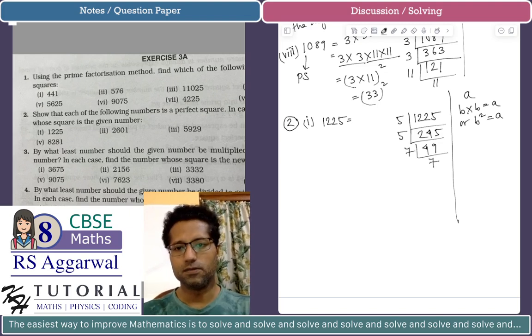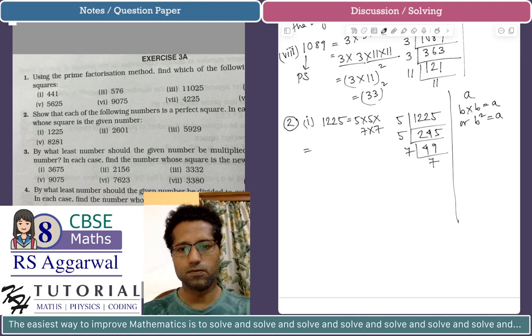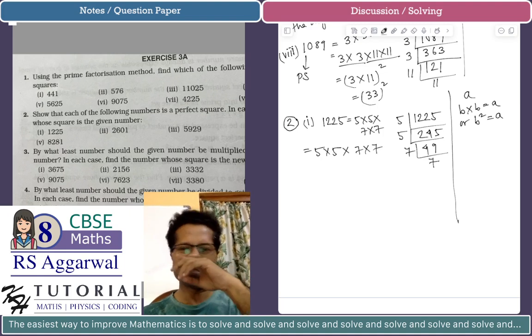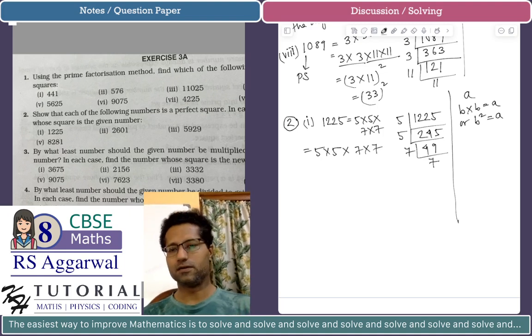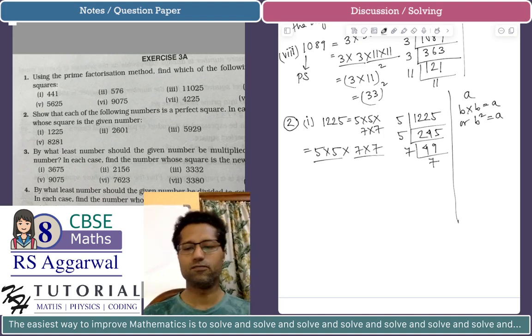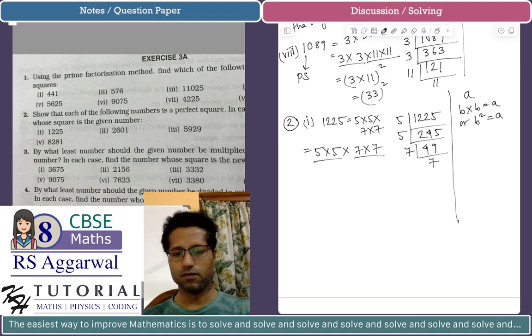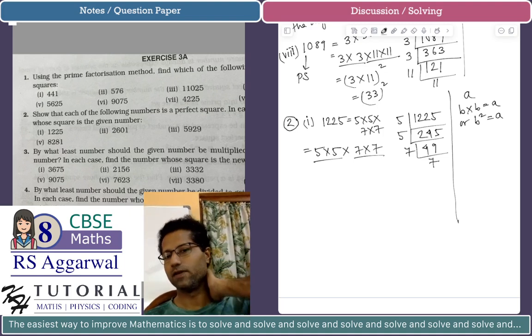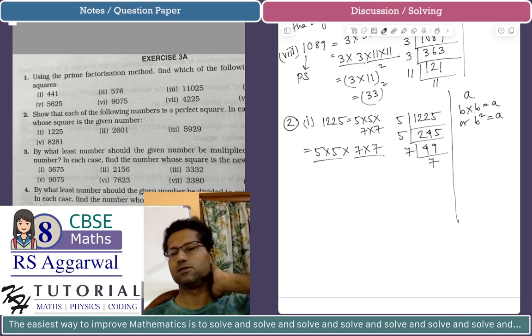So we have 5 into 5 into 7 into 7. We can clearly see all the prime factors can be considered as a product of pairs of equal factors. We have two pairs. In the first pair the equal factors are 5, and in the second pair the equal factors are 7.